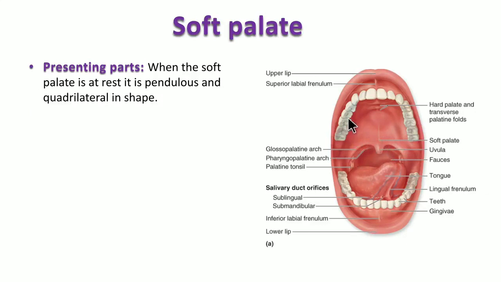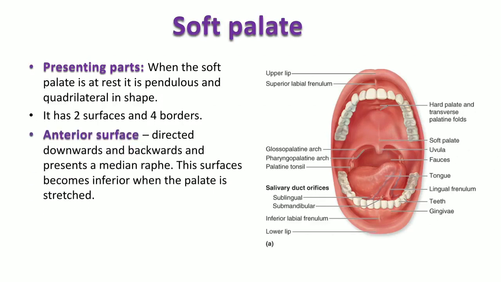You can see it is roughly quadrilateral in shape, which has an anterior surface and a posterior surface. Then it has an inferior and a superior border and two lateral borders. So these are the borders and surfaces. The two surfaces are, what you see on the oral aspect, the anterior surface, and the other one is the posterior surface.